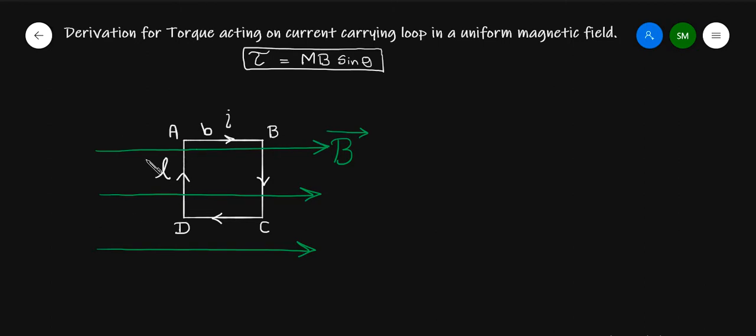Now, I think you have done this derivation in the moving coil galvanometer also. Consider the two sides AD and BC. Force will act on these two sides because these sides have length L. Let's consider the AD side.